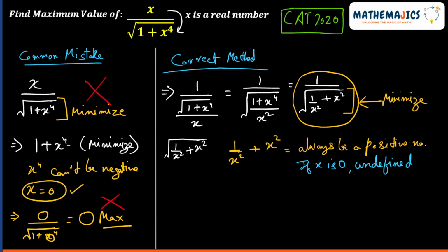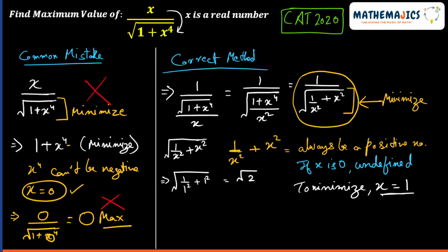What can we use to minimize this? We will use x as 1. That is the only possible solution to minimize this denominator. If we put x as 1, we will get the square root of 1 by 1 square plus 1 square, which is under root 2.